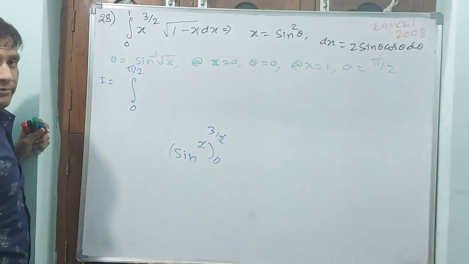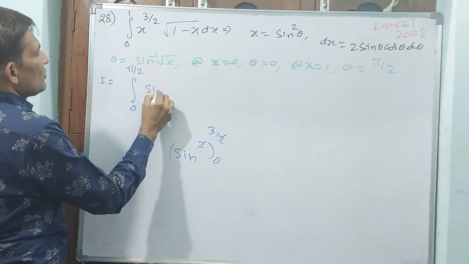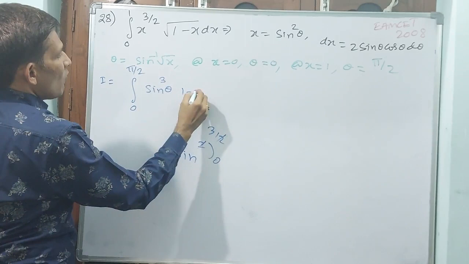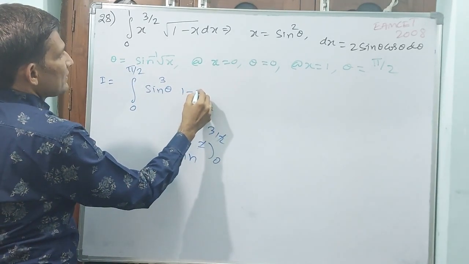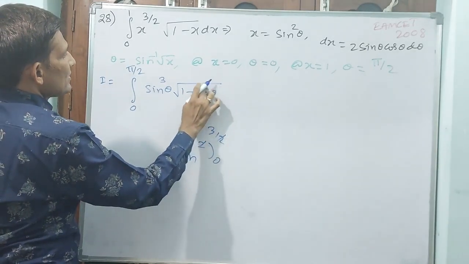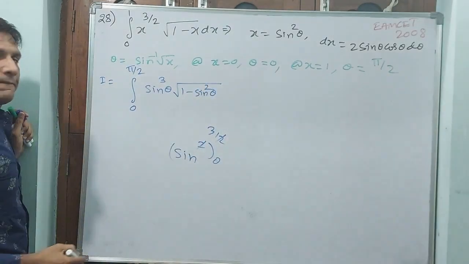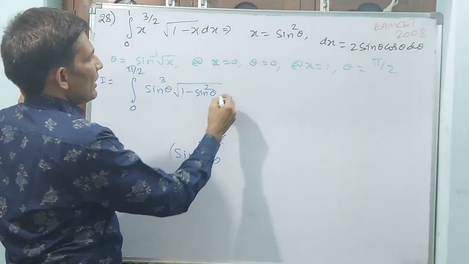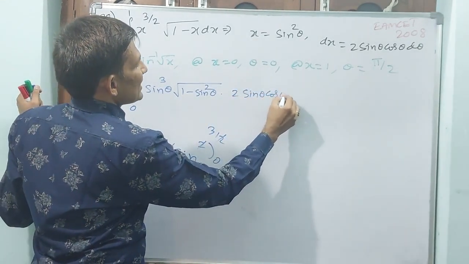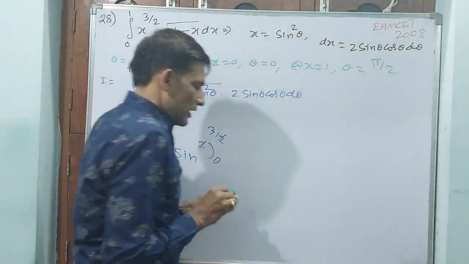Sin cube theta will come. Okay? Write down. Sin cube theta, and this one, 1 minus sin square theta. Okay? Dx means 2 sin theta cos theta d theta.